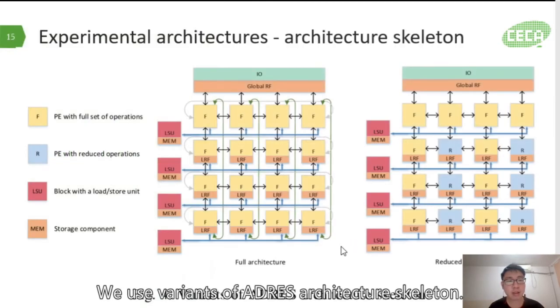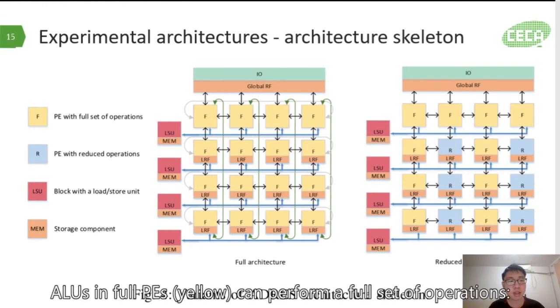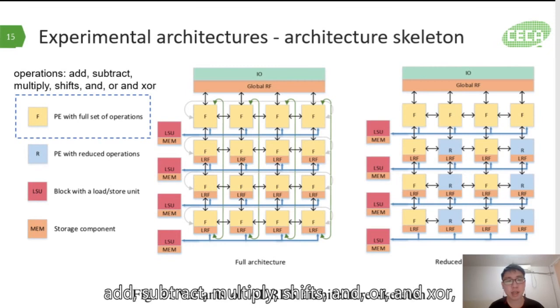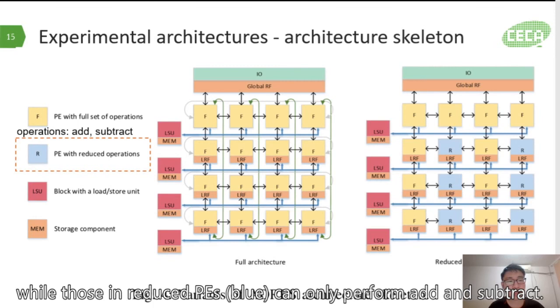We use variants of the ADRES architecture skeleton. FUs in full PEs can perform a full set of operations: add, subtract, multiply, shifts, AND, OR and XOR. FUs in reduced PEs can only perform add and subtract.